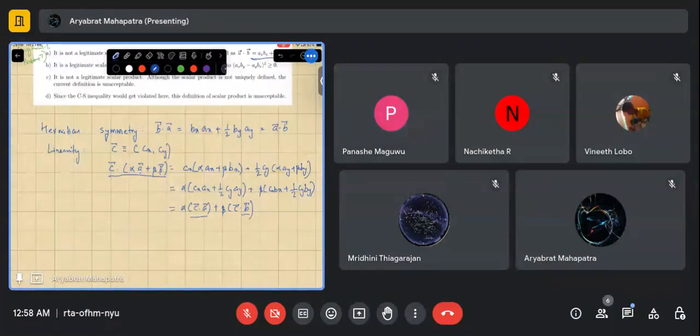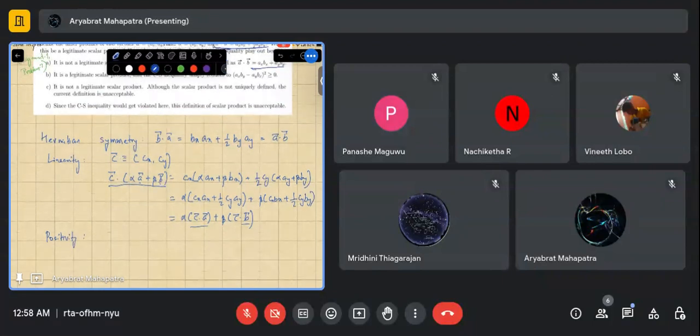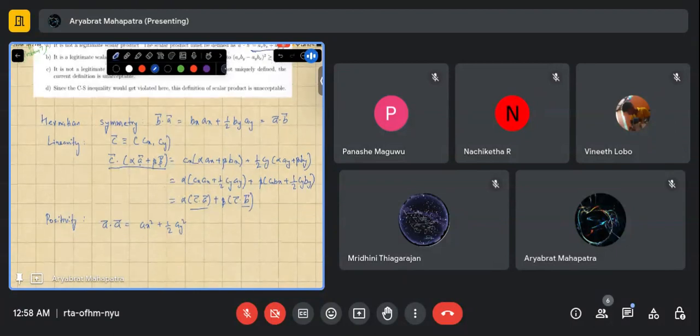And then the positivity condition. The inner product of a vector with itself should be greater than 0, and equal to 0 only for the null vector. If you take the inner product with itself, that would be Ax square plus half Ay square, which is always greater than 0 and is equal to 0 only if A is a null vector.